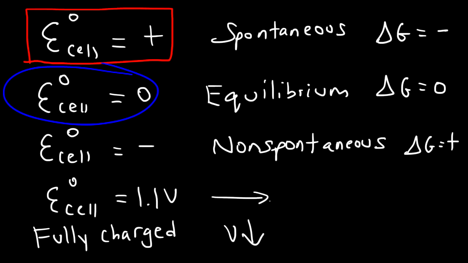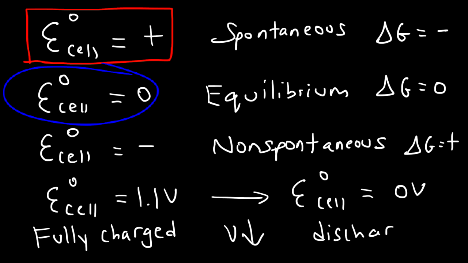And so over time, the cell potential will gradually get lower and lower. It's going to be 1.0 volts, 0.9, 0.8, 0.7. Eventually, it's going to reach a state of equilibrium where the cell potential is 0. In this case, it's fully discharged. So basically, the battery is dead at this point. That's when you throw it away and you buy a new battery.